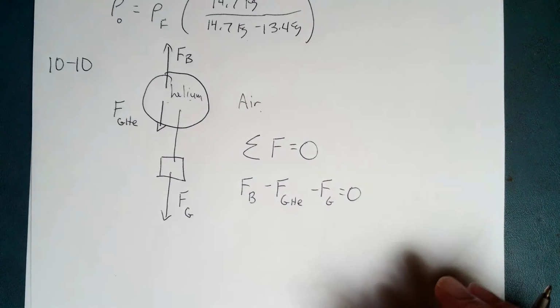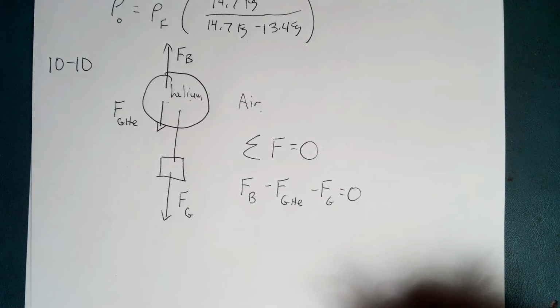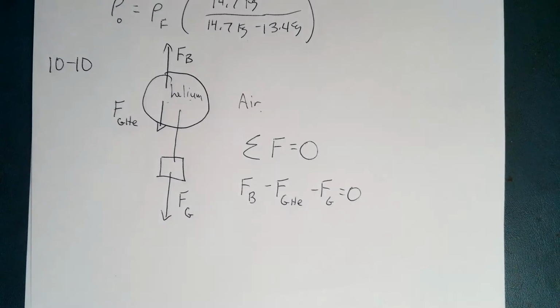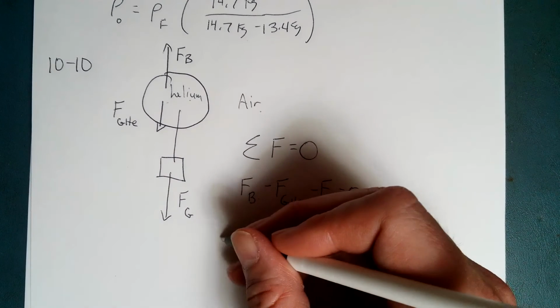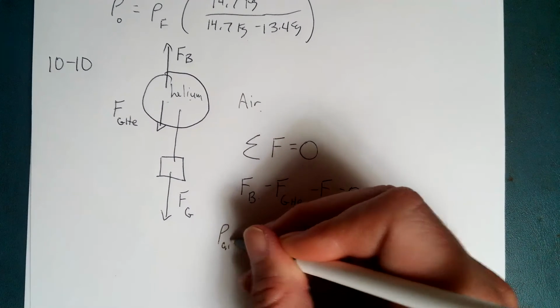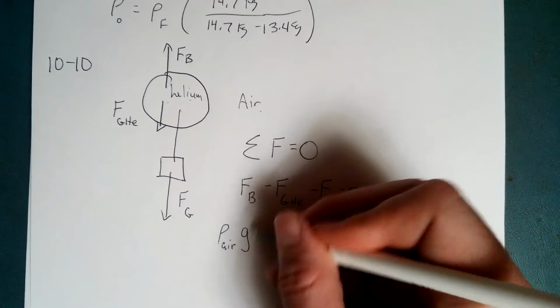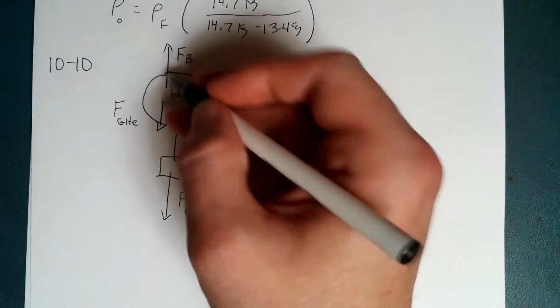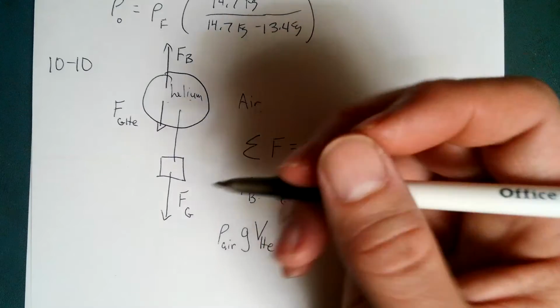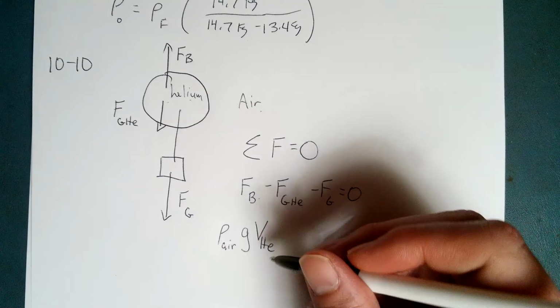Now we want to find volume of helium, right? So that's going to come in FB. So if I plug everything in here, I'm going to have rho air g volume of the object, which we're not considering the actual mass of the balloon material, just the helium itself.